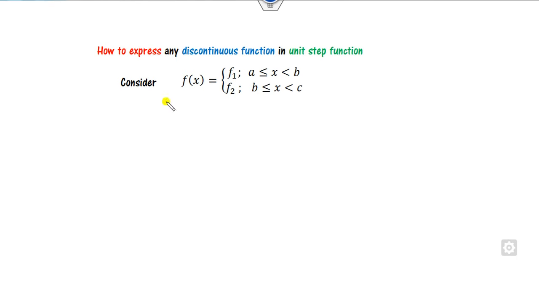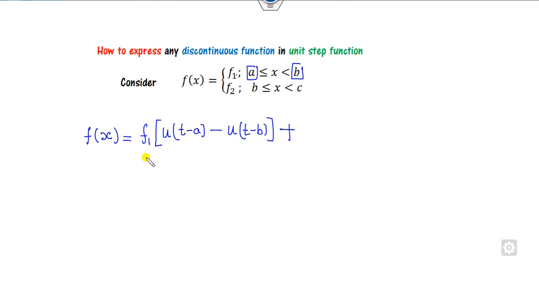Now the question arises: how can you write any discontinuous function in terms of the unit step function? Again, it's very simple. You can express the first function, f1, into u of lower limit, where the lower limit is a, so u of t minus a, minus u of upper limit t minus b. Plus similarly for the second function, f2 into u with lower limit b, so t minus b, minus u with upper limit c, t minus c.